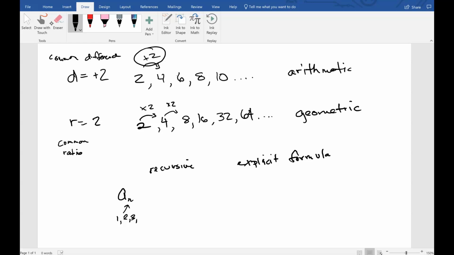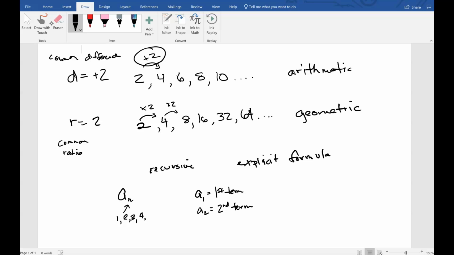It's never negative, rarely 0, so just think of positive counting numbers here. If I put a subscript of 1, this is what's called the first term in the sequence. In the first sequence above, the first term is 2. The a sub 2 is the second term, and on and on.